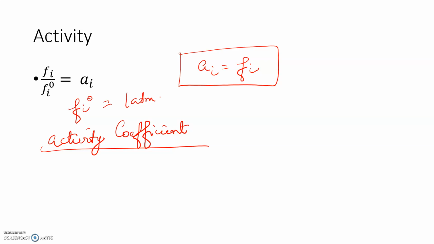This activity depends on the concentration of the solution. The ratio of activity to concentration is known as the activity coefficient gamma: AI divided by concentration.